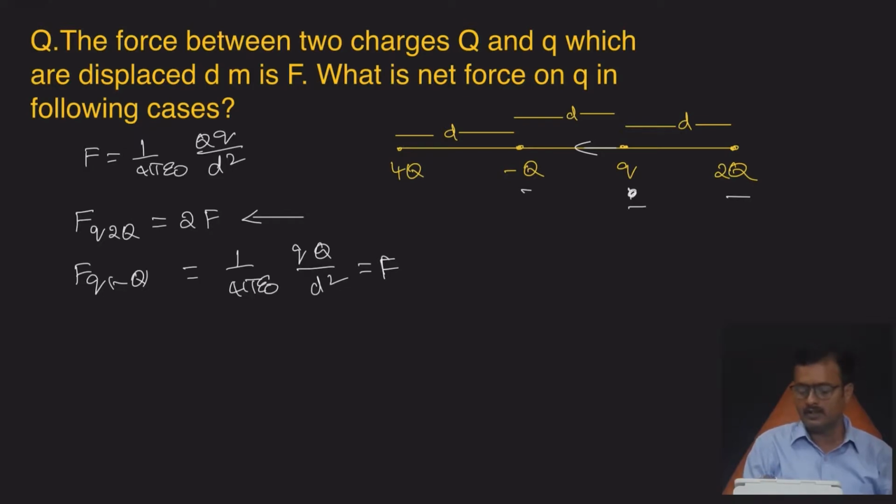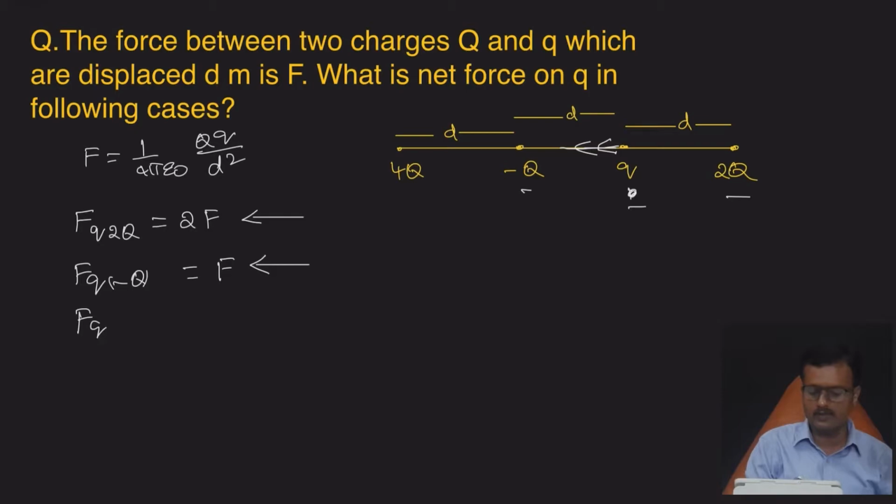See, minus Q attracts small q along this direction. So that is F in this direction.